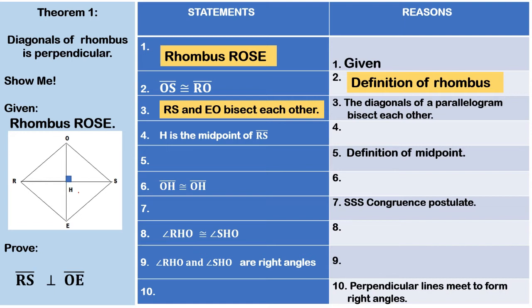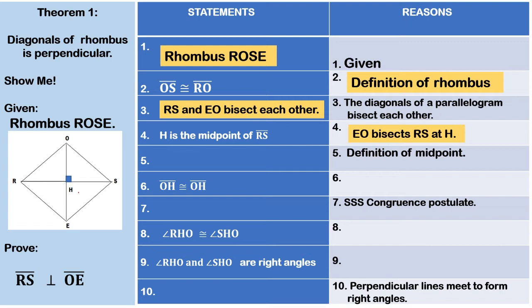If your answer is EO bisects RS at H, then you are correct. Okay, next. Remember that if the diagonals bisect each other, then each diagonal is divided into two congruent parts: RH is congruent to SH and EH is congruent to OH.